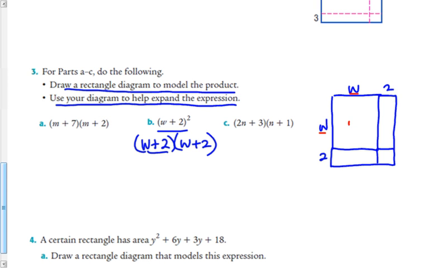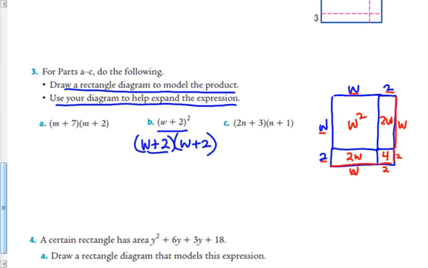W times w is w squared. That's this part here. 2 times w, this length right here would be w, is 2w. This length right here is also w, so I'm going to multiply w times 2 to get that area of that rectangle. And then this little square you can see is 2 by 2. And 2 times 2 is 4.